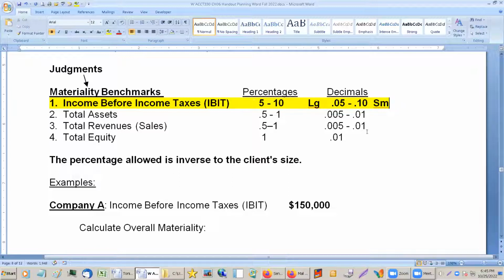I'll tell you why in a second. So a large company will get the smaller percentage. The larger percentage will be for the smaller companies. So if it's a large company, our materiality will be 5%. If it's a small company, we'll let it go to 10%.